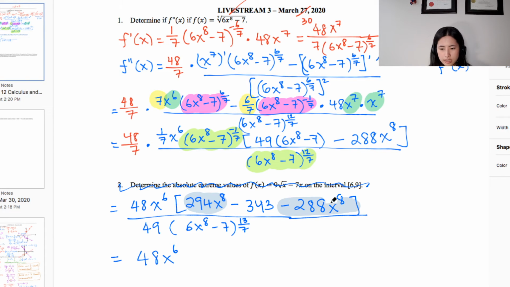This and this term, I'm trying to combine them together. So I'm getting 294 minus 288. That's equal to 6. So this is 6x raised to the power of 8, and this is minus 343.